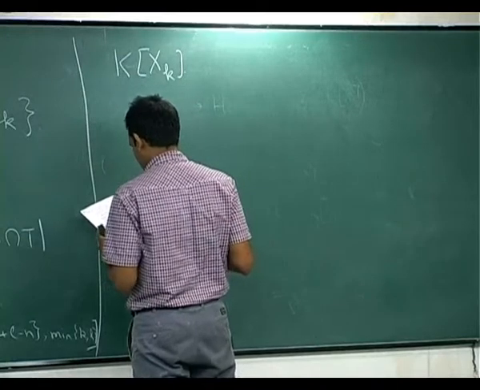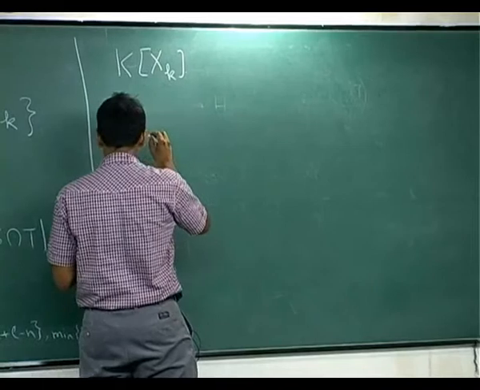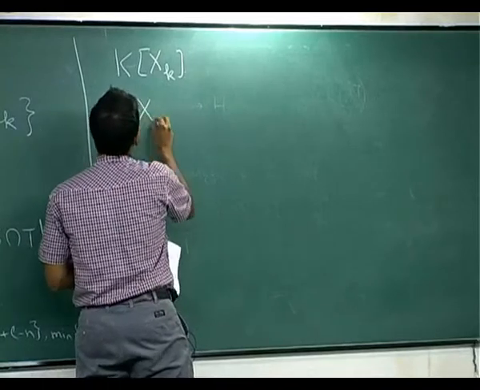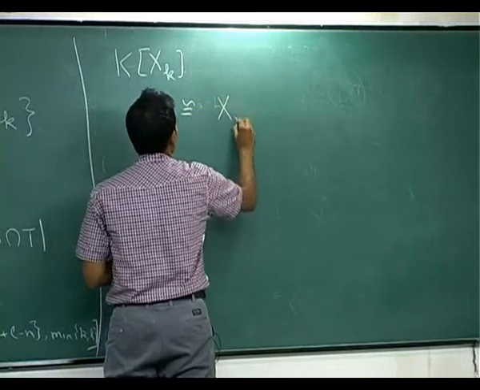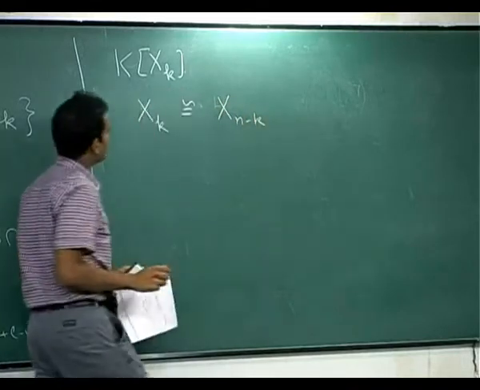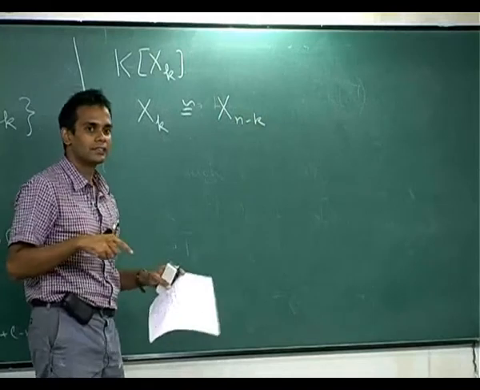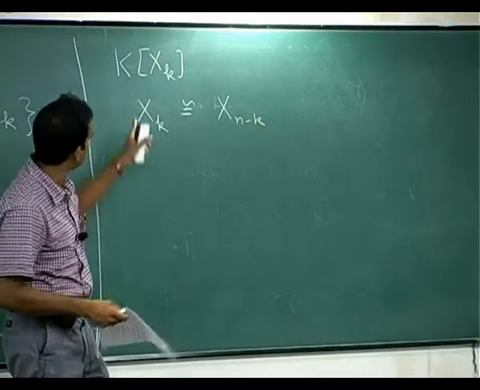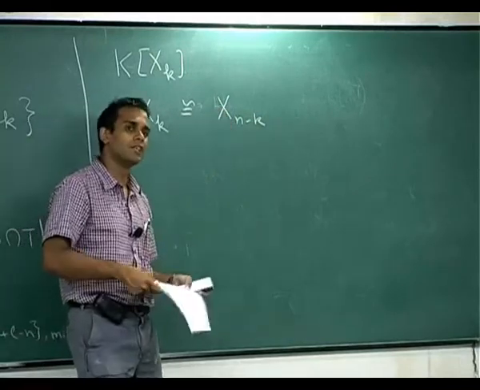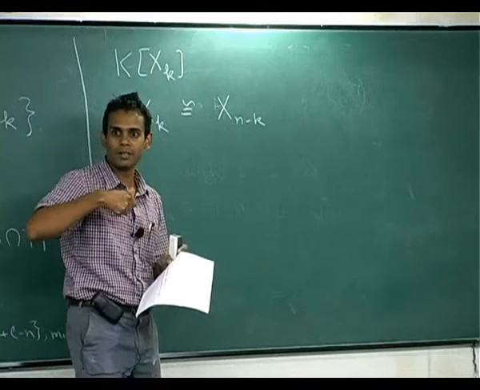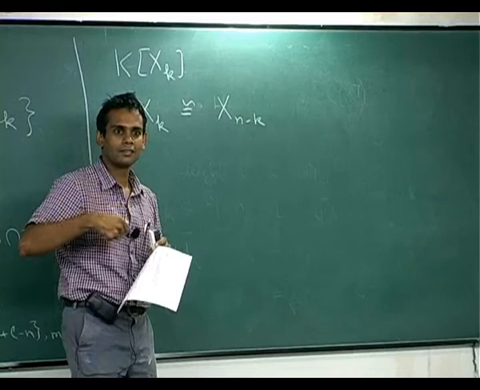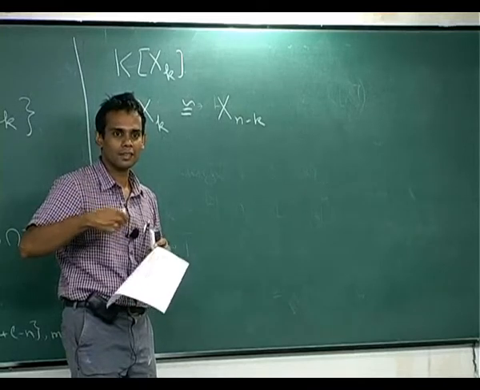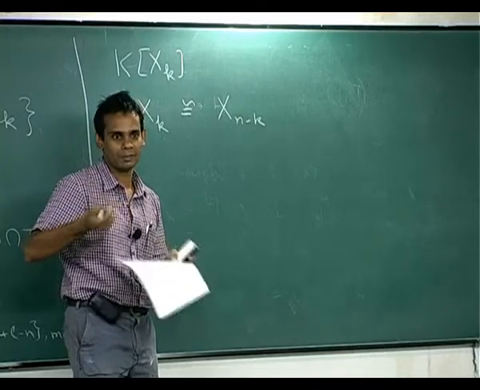Okay, so first observation is that X_k is isomorphic to X_{n minus k} as an S_n set. That means there's a bijection from here to here which preserves the action of the symmetric group. What is this bijection? Just take a subset to its complement.